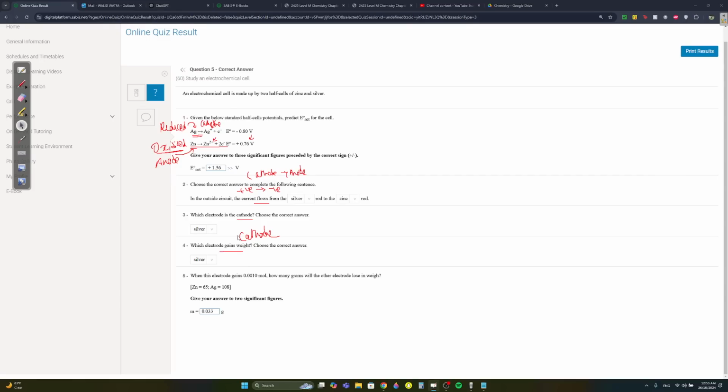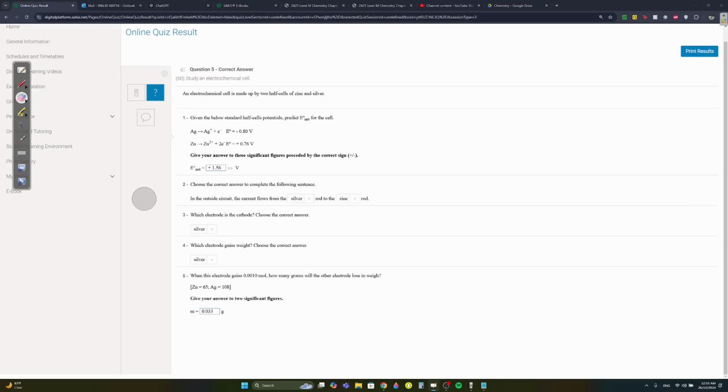When this electrode gains 0.001 moles, how many grams will the other electrode lose in weight? Same as all of the other ones. I'm going to make my life way easier. I don't like finding the net reaction. First I see which one's my oxidation, which is my reduction.